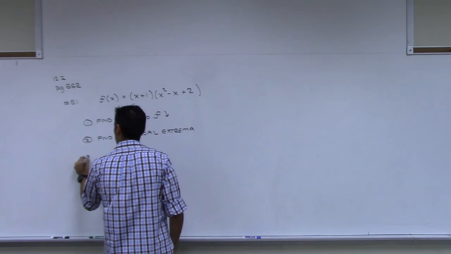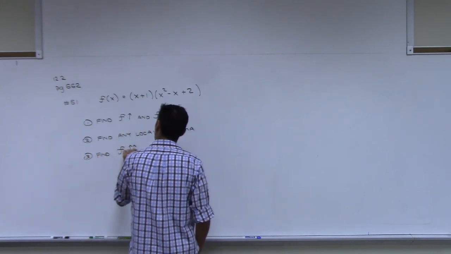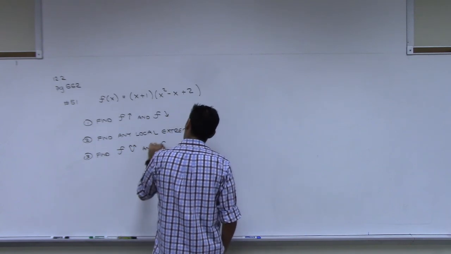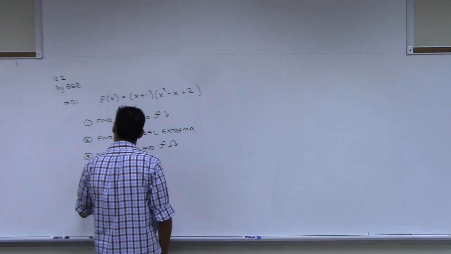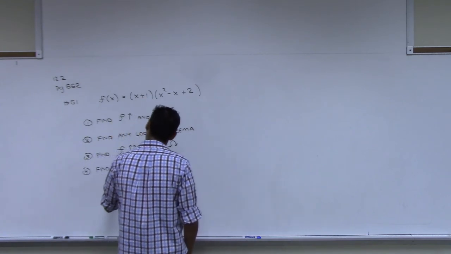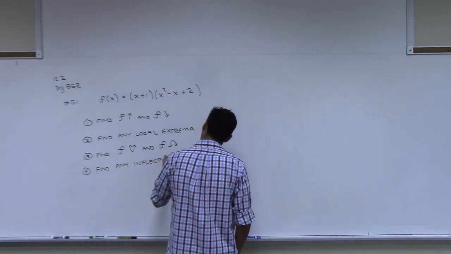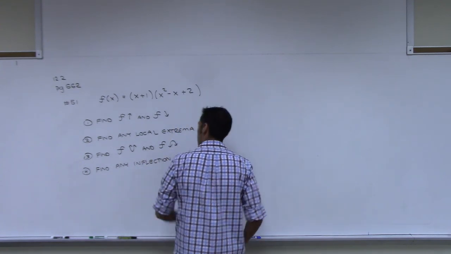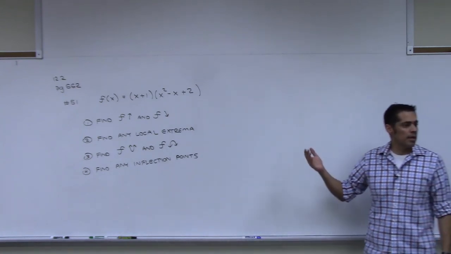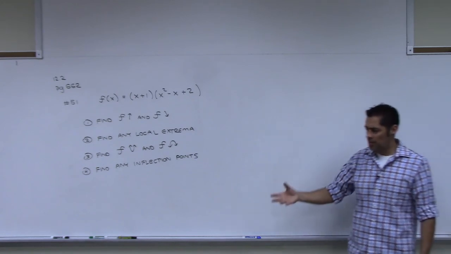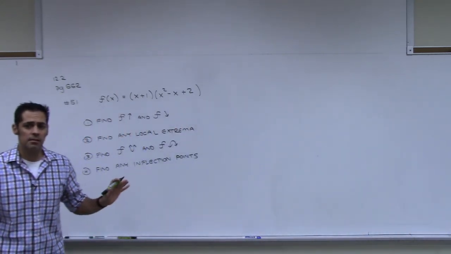The next thing, find where f is concave up and where f is concave down. And then 4, find any inflection points. So you're basically going to be working with the first and second derivative, setting them to 0, number line test points. That's what you're going to do, right? Yes?